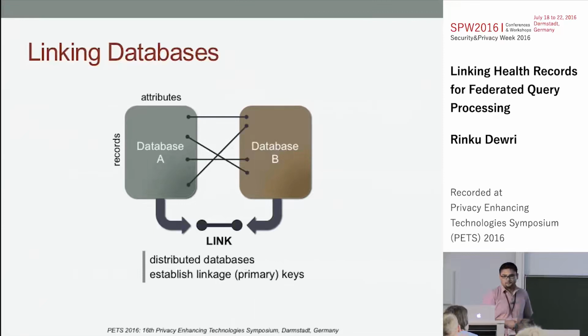The idea behind linking is to figure out if records in one database and records in another database belong to the same individual. You could have overlap if, for instance, in a regional setting there are multiple health providers and people switch jobs, moving from one health provider to another. So there could be multiple instances of the same person's record.